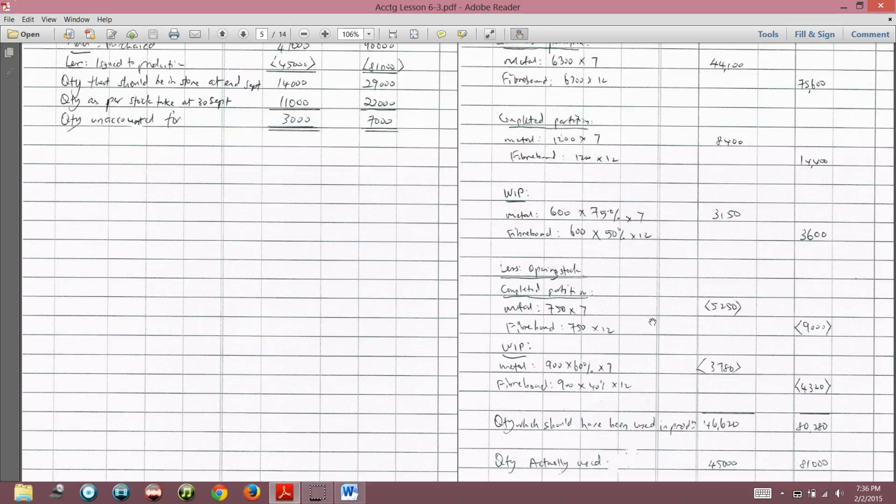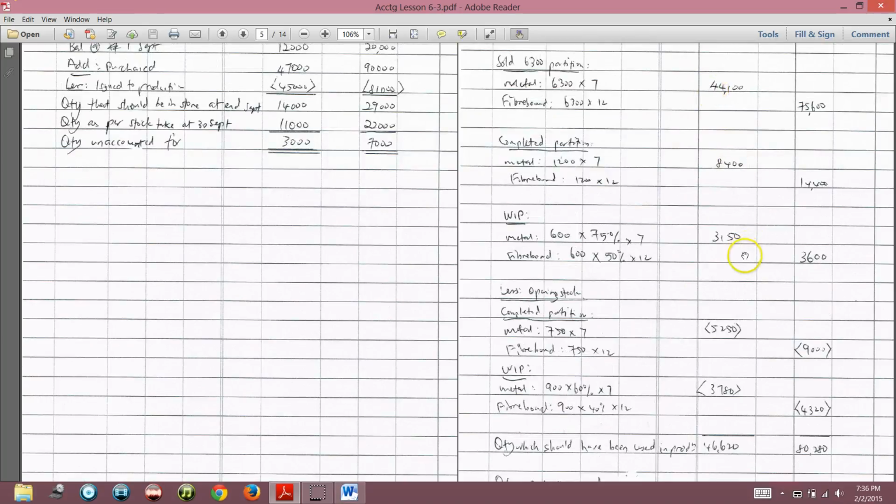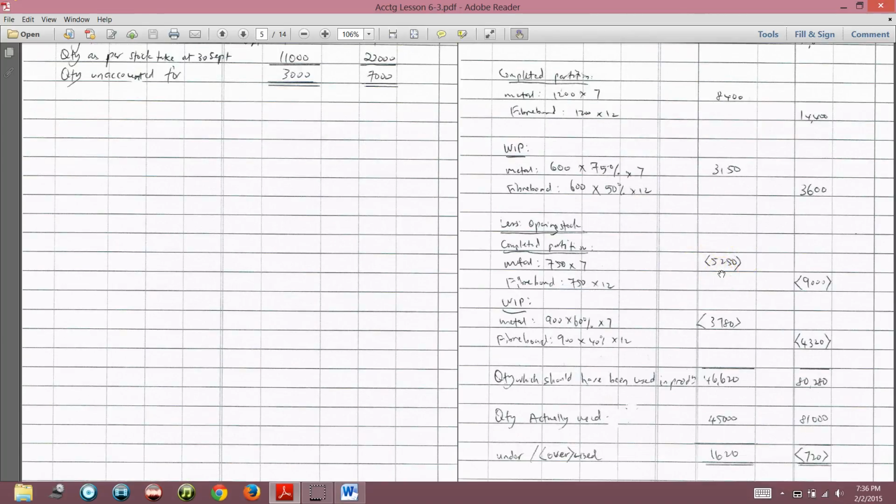So I would tell my boss, at the beginning of the month, the previous production manager passed on to me 750 units of completed partition that will equate to so much metal, and 750 times 12 that will equate to so much fiberboard. And WIP that was given to me at the beginning of September was so much.